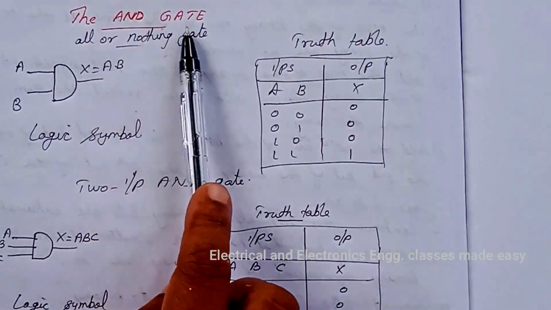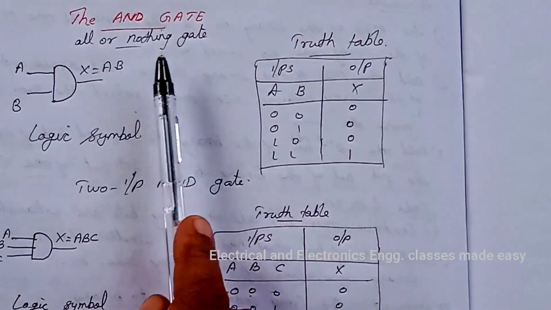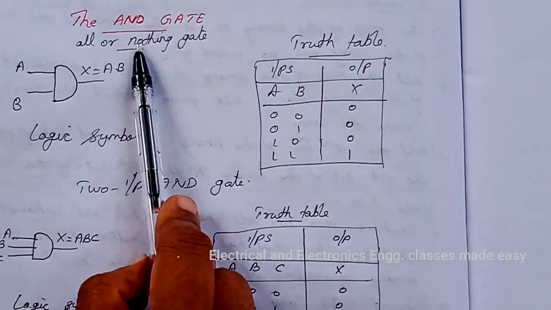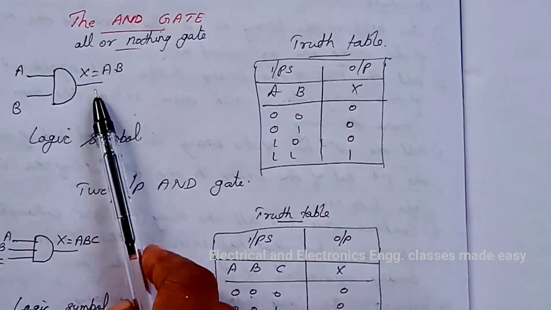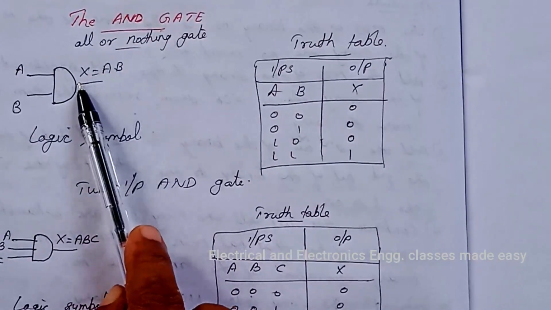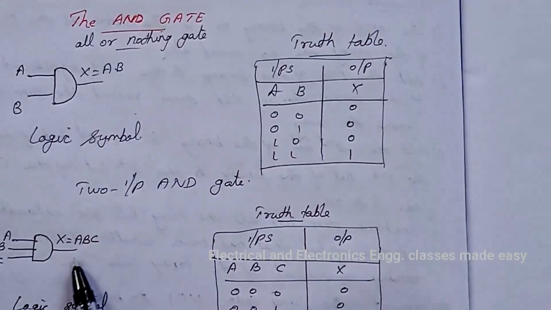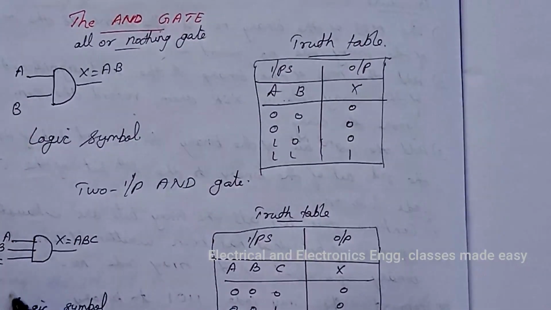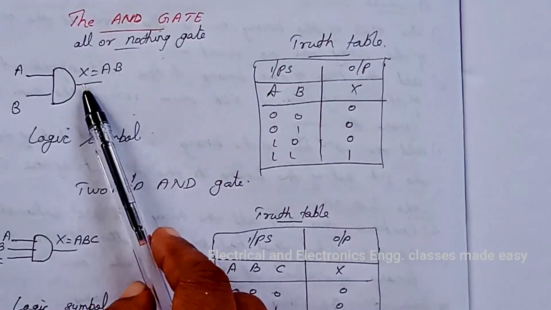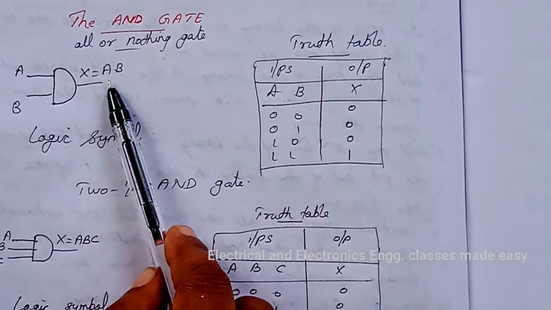First one is the AND gate. An AND gate has two or more inputs, but only one output.